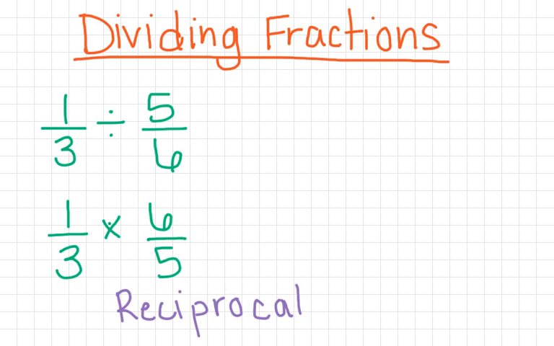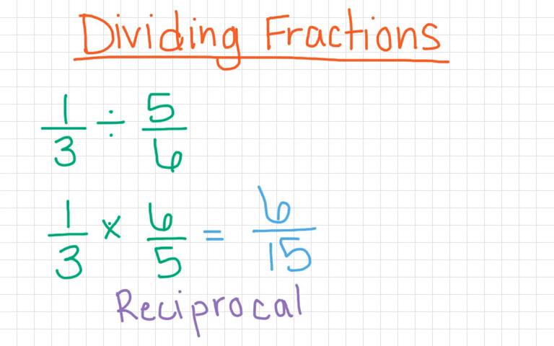So now, just like we've done in the past with multiplication, we multiply straight across, numerator times numerator and denominator times denominator. So 1 times 6 is 6, and 3 times 5 is 15. Now, just like with any of our other problems, we always have to look to see, can I reduce or do anything further?